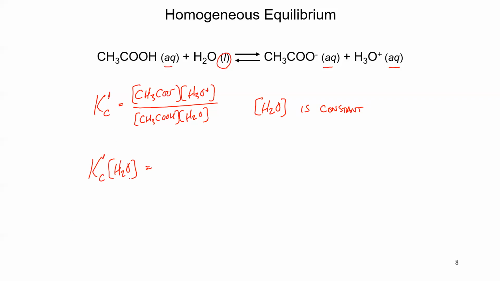That includes everything. And then this is equal to our Kc, which is only the things that change in concentration, CH3COO minus times H3O plus divided by CH3COOH, and we don't worry about the concentration of water.